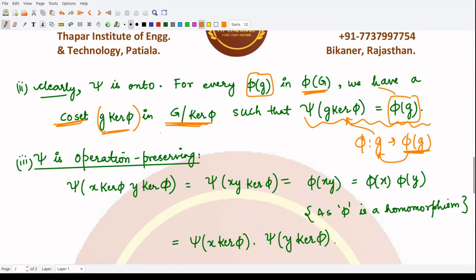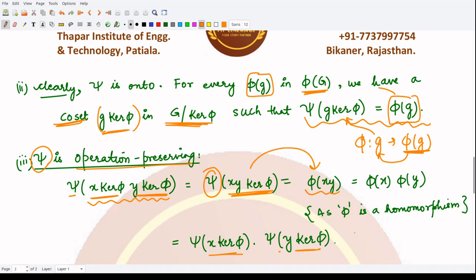Next, in order to show that psi is operation preserving, we have to prove that psi of the product of two elements equals psi of the first element times psi of the second element. By the properties of cosets, you can write x kernel phi times y kernel phi as xy kernel phi. By the definition of psi, this is phi of xy.